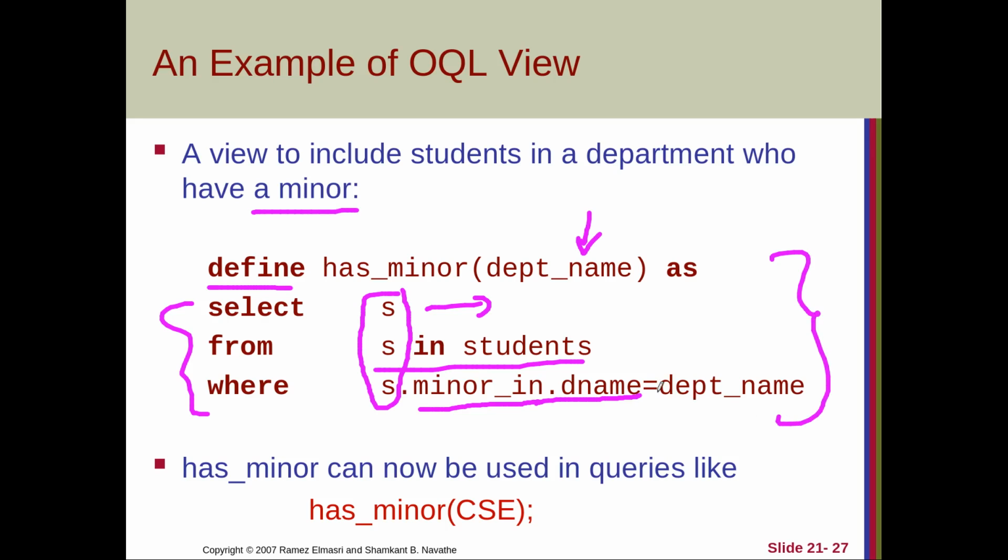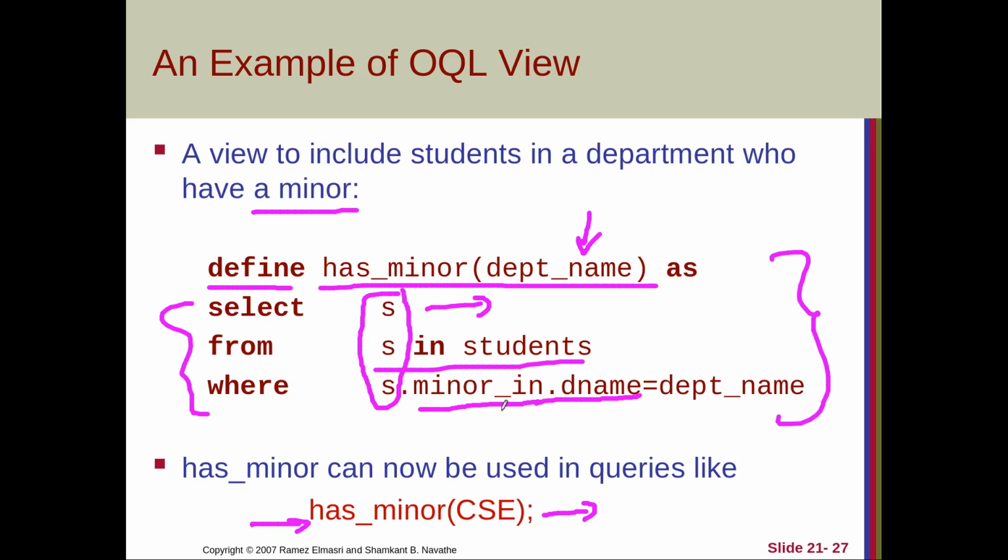And what is happening here? I am giving a name, has minor, with a parameter as the name of the view. Once after defining this view, later I can simply type has minor of CSE semicolon, and the query will retrieve all the students who have taken CSE as the minor. We don't need to specify these entire queries again and again.